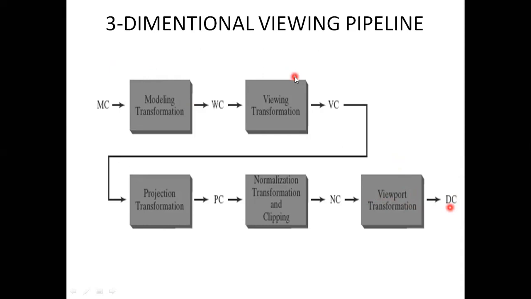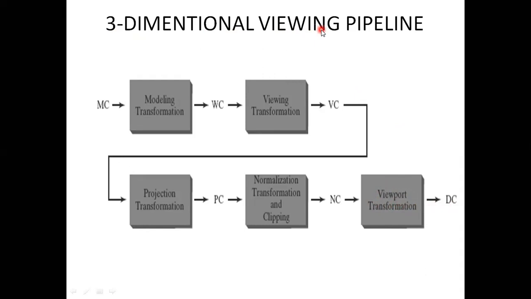There is no problem. But in the three-dimensional viewing pipeline, the actual object is three dimensional, but when it comes to the device, it becomes two dimensional. That part is carried out by viewport transformation, which nullifies the z coordinate axis part and gives only the x and y part to the device coordinates.